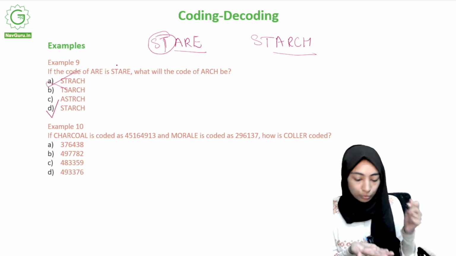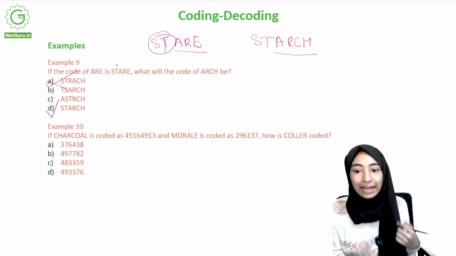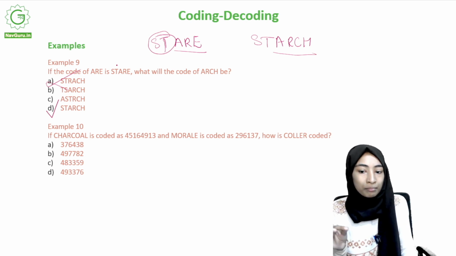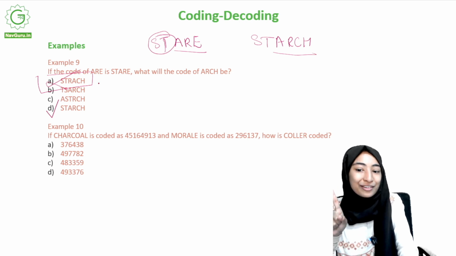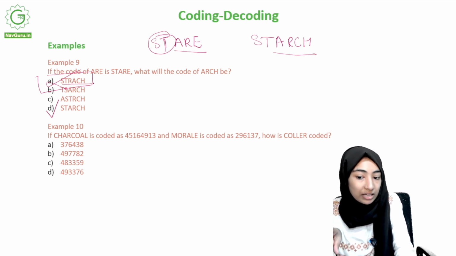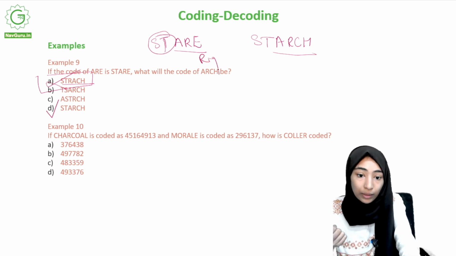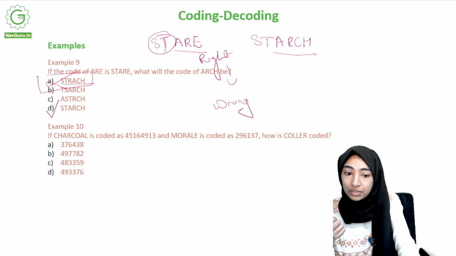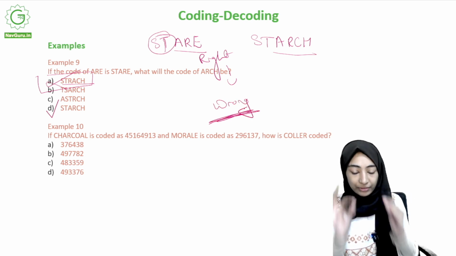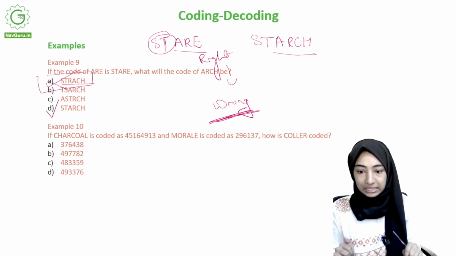They're like, okay, this I know, this I know, I know this, and they just keep on going and make stupid mistakes like this one that I just made. So instead of writing starch, I ticked strack, which is wrong. So even though I got everything right, my final answer ended up being wrong. So it is very important that you be very, very alert when you solve questions. Okay, I hope that's clear.